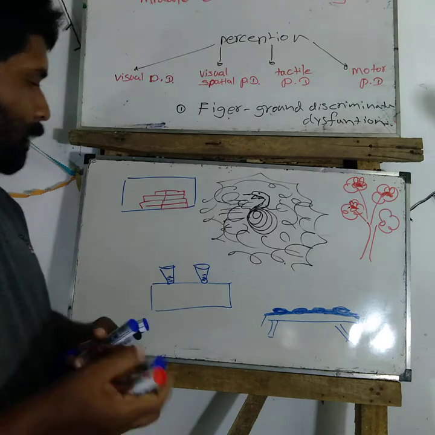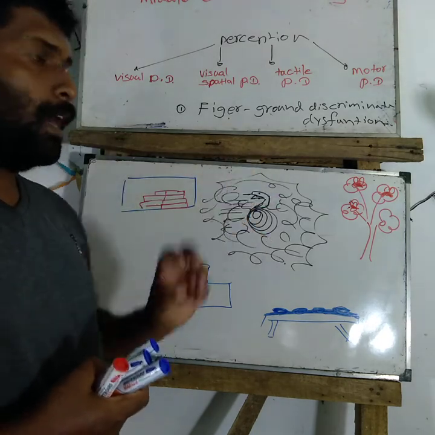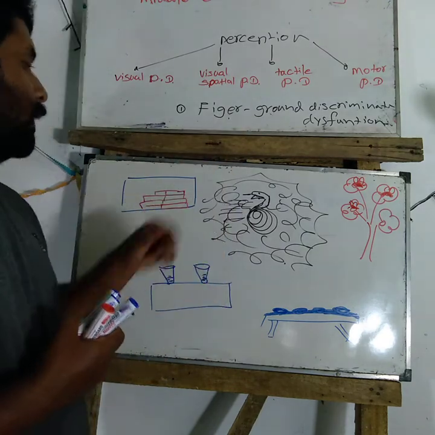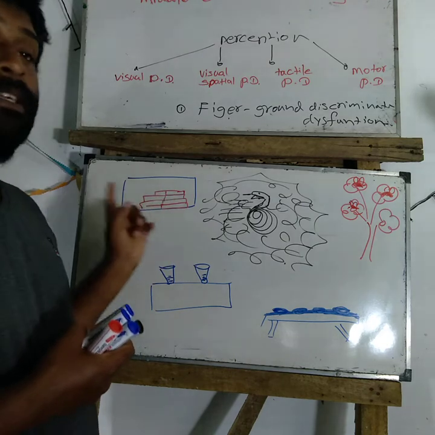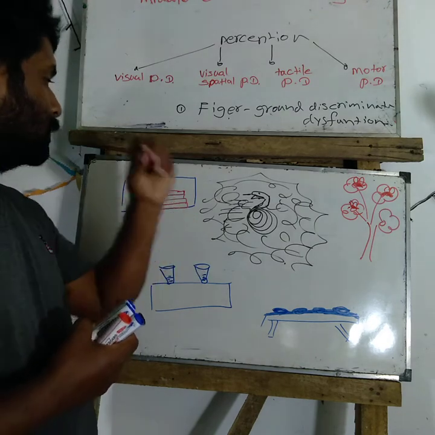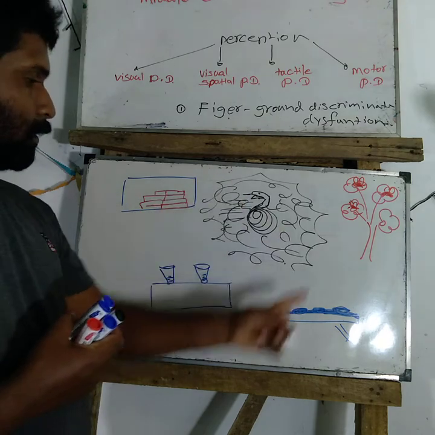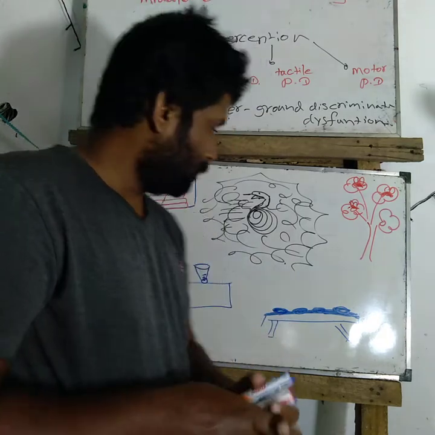When we select the same color dressing, the patient can't select quickly inside this area because all are red color, and a red color t-shirt can't be selected from this rack. Right, we discussed the figure ground discrimination dysfunction.